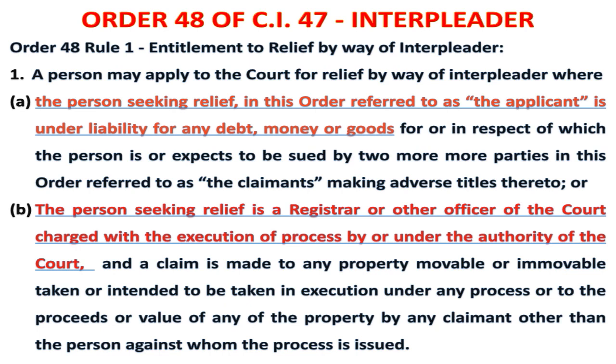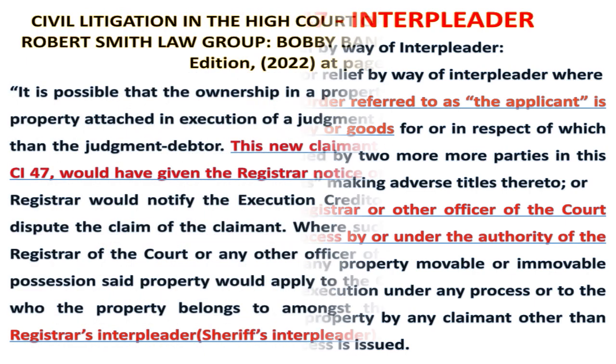And the claim is made to any property, movable or immovable, taken or intended to be taken in execution under any process, or to the proceeds or value of any of the property by any claimant other than the person against whom the process is issued. This will be the registrar's interpleader. So at this point, it is clear what we mean by stakeholders interpleader. We also know what we mean by registrar's interpleader.